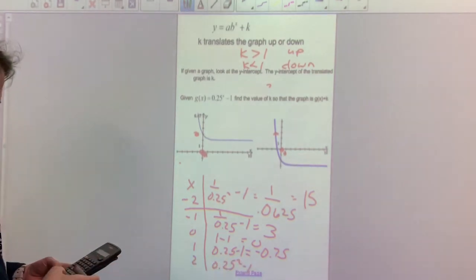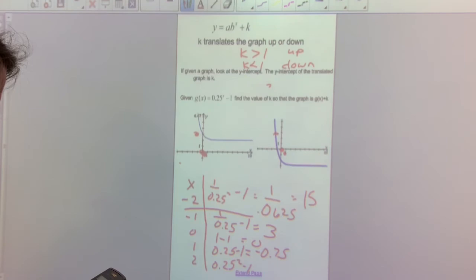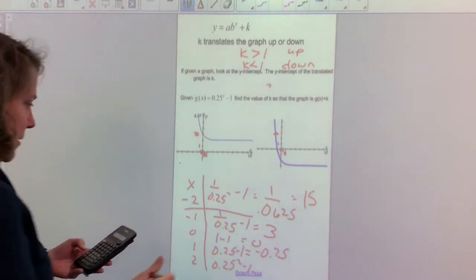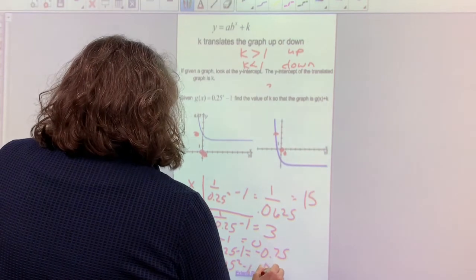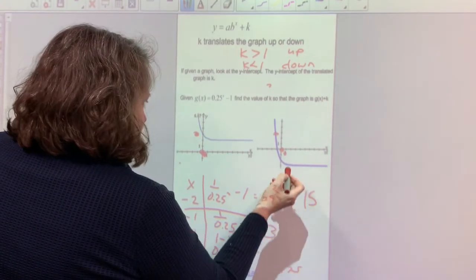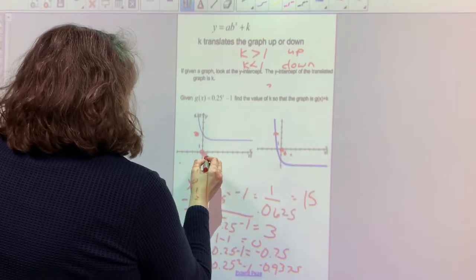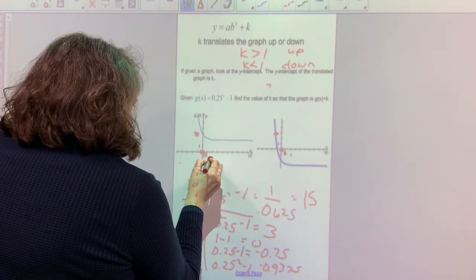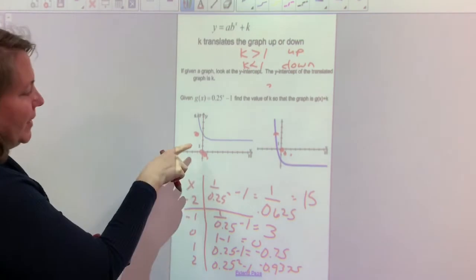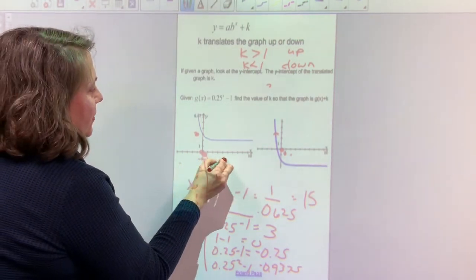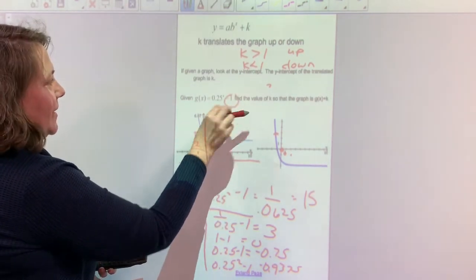I'm going to use my calculator for that one again. 0.25 times 0.25 minus 1 equals negative 0.9375. So we can tell we're getting closer and closer to negative 1, right? Which is good because that is what that means.